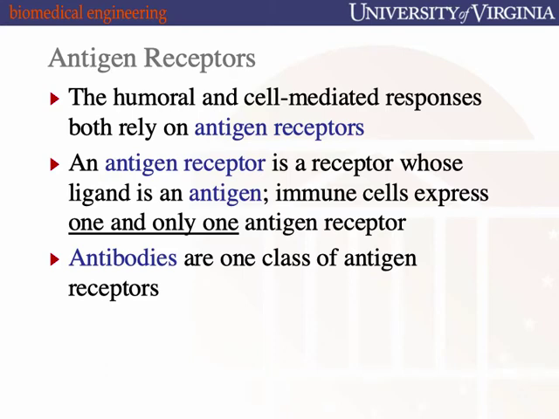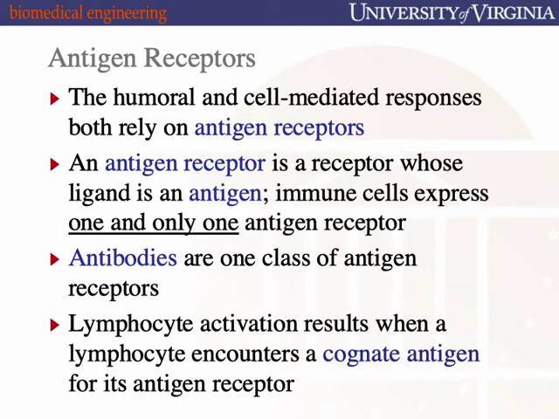So antibodies are one class of antigen receptor that are expressed by B cells or plasma cells. Regardless of whether it's a B cell or a T cell, lymphocyte activation is going to result when a lymphocyte encounters what's known as its cognate antigen, meaning the receptor is matched to an antigen.